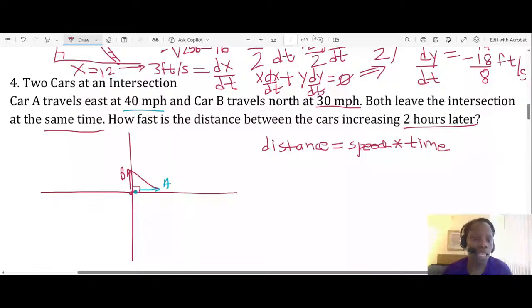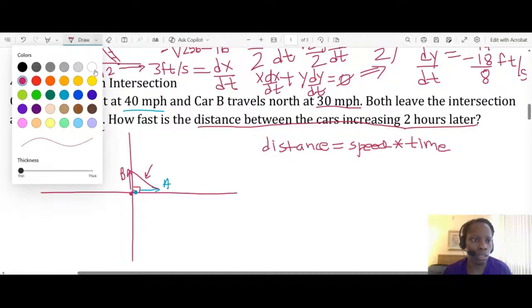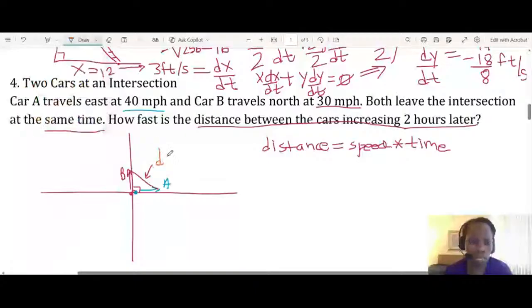And then we want to know how fast it's increasing 2 hours later. So this is what we want to find out: dZ/dt.